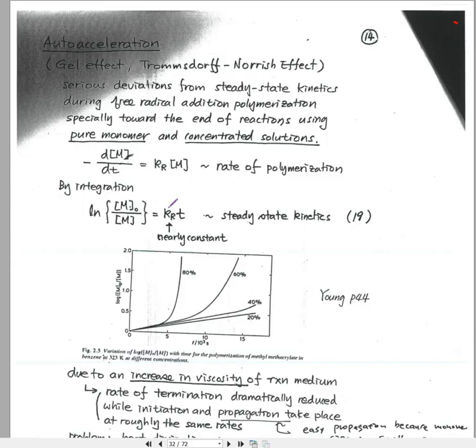We also learned about the kinetic chain length. And today, the title of today's talk is auto acceleration, also denoted as the gel effect or Trommsdorff-Norrish effect.